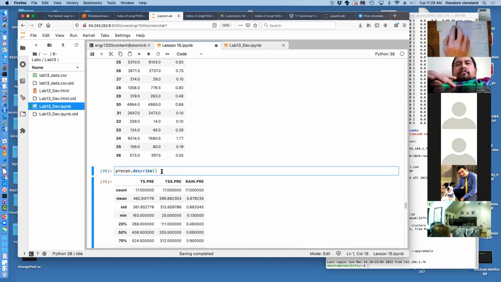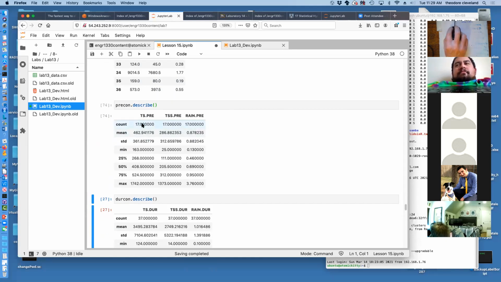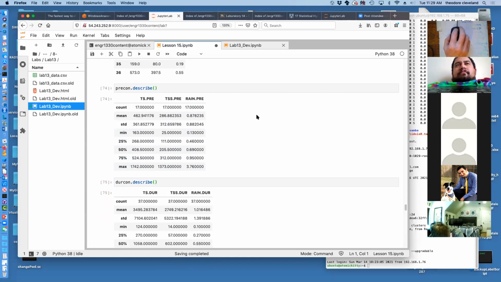So let's describe the pre-construction table. 17 elements, the mean value is 462, standard deviation is 361, lowest is 163, biggest is 1742, the median is 408. Let's look at the during construction.